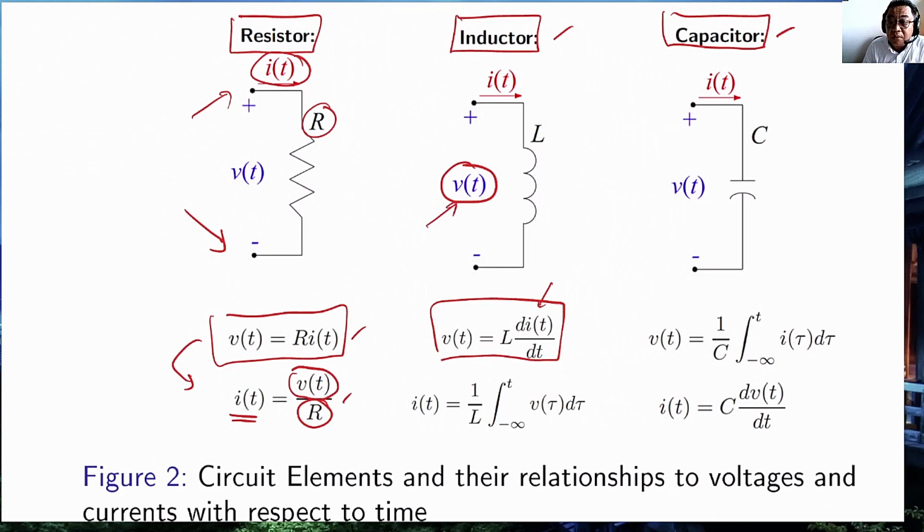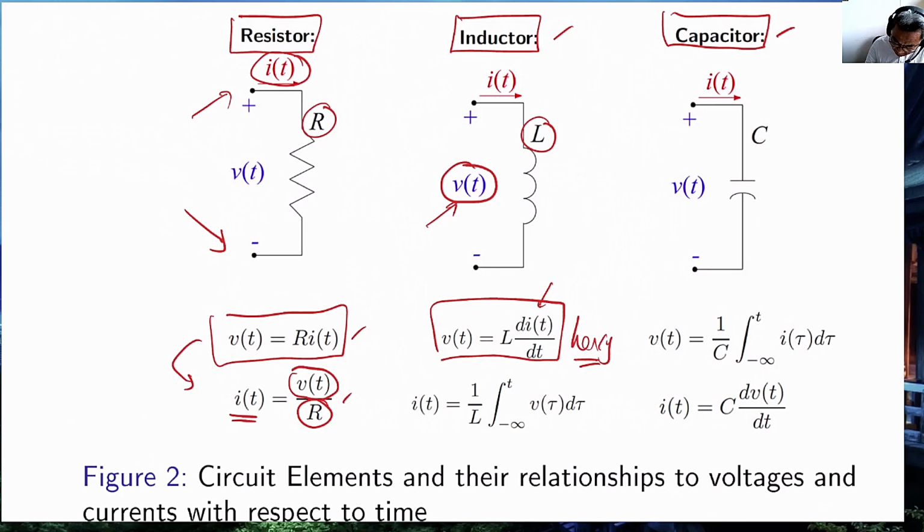The equation describing the voltage drop across an inductor typically uses the letter L. Inductance is in Henry. Henry is the unit for inductance. So the voltage drop across the inductor is L times the derivative of the current.